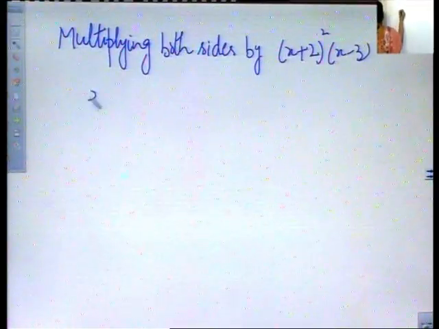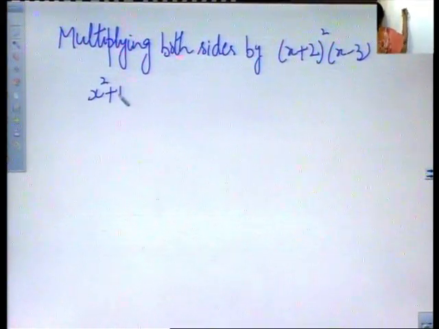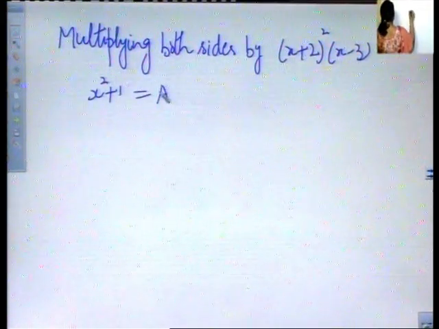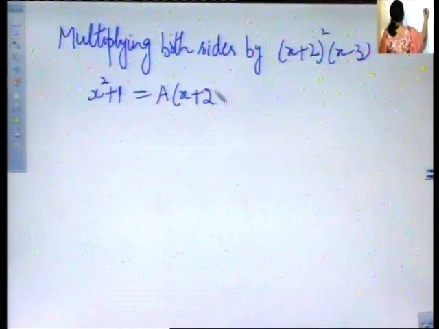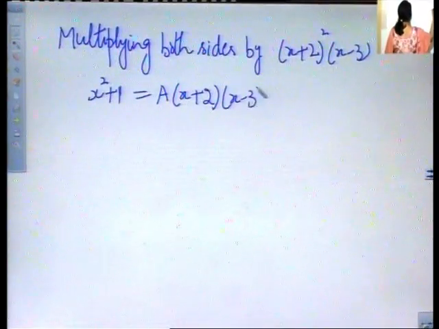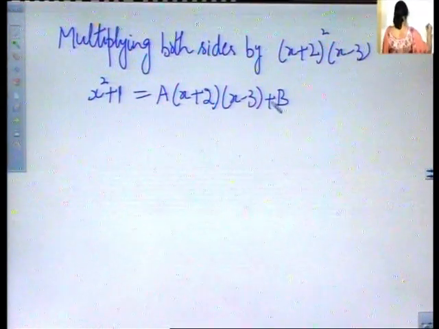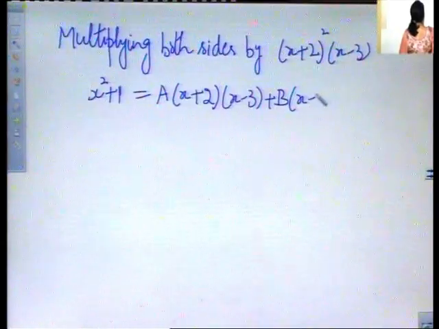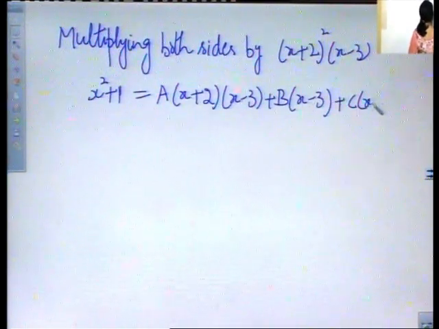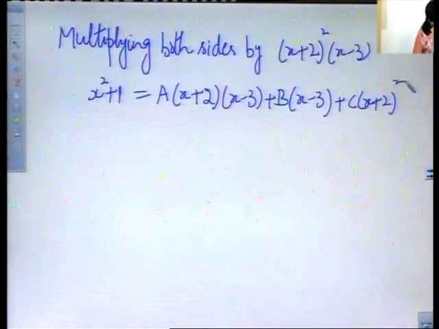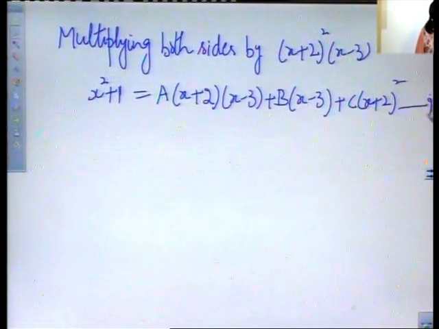On the left hand side we will get x square plus 1. On the right hand side we have a multiplied by x plus 2 into x minus 3, plus b multiplied by x minus 3, and c by x plus 2 whole square. Let us take this as equation number 2.